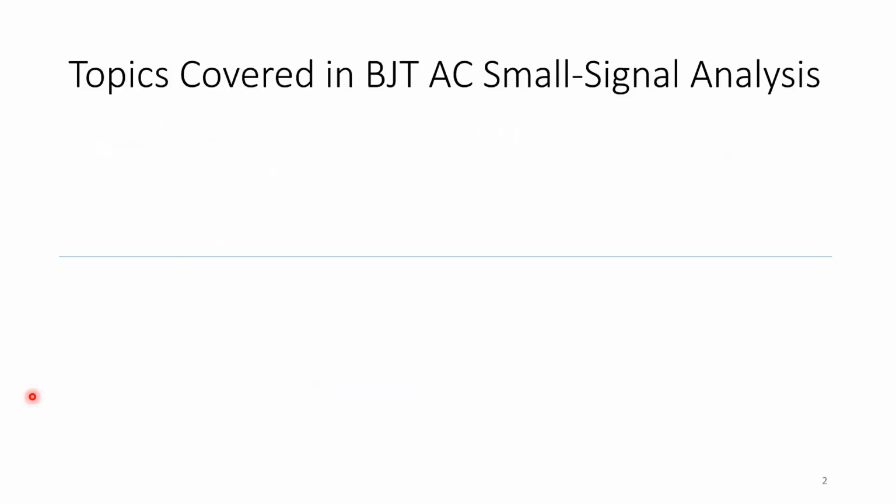The topics covered in this BJT AC small signal analysis are, as usual, we'll start off with the introduction. Our introduction will be quite lengthy so that you have a sense of appreciation of what is covered in the theory and the calculations involved in this topic.